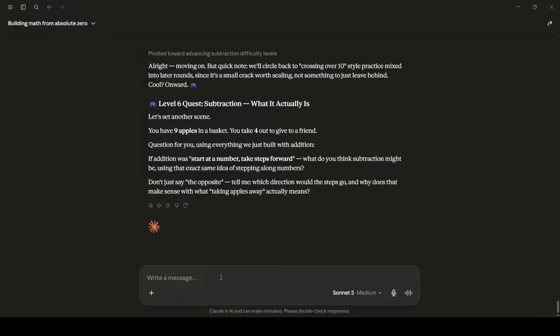Well, it's very simple. Addition means move forward, whereas subtraction means move backward. So 9 minus 4 means 9 is what we start from, and 4 is the number we go down.